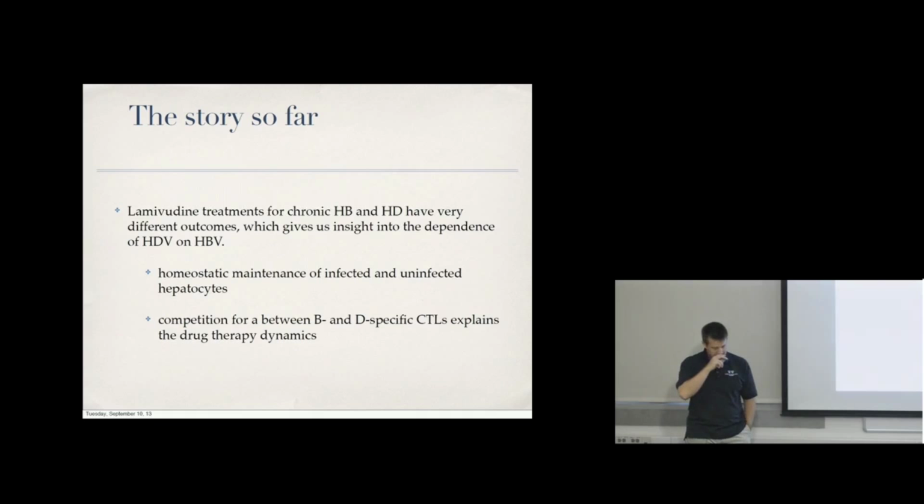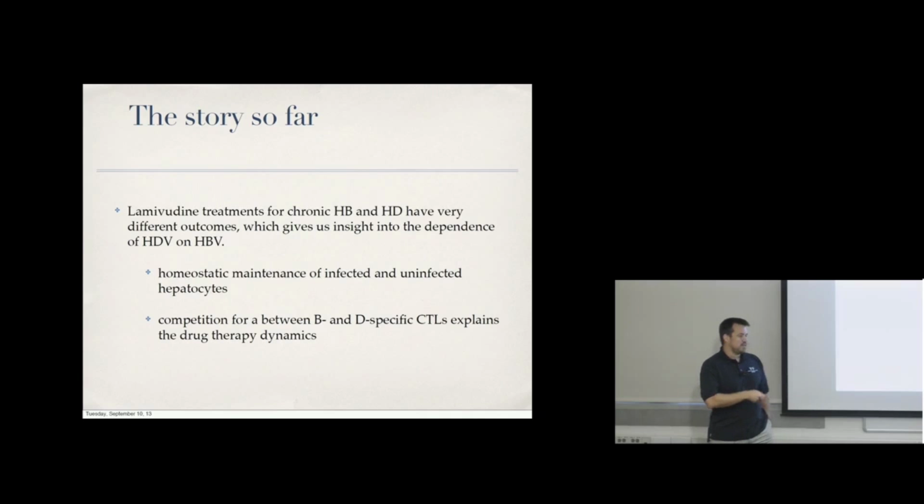Okay, so story so far, lamivudine treatment for chronic Hep B and D have very different outcomes, and if you consider two separate immune reactions that are competing with each other for a common resource, then you can recapitulate this.